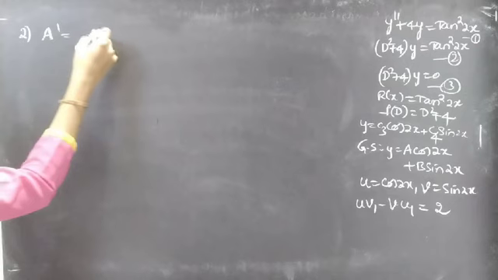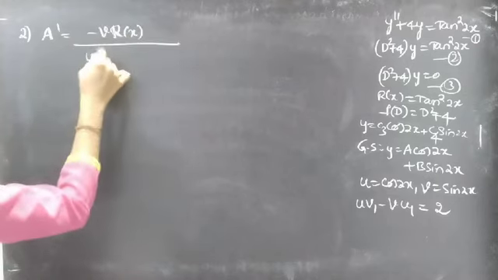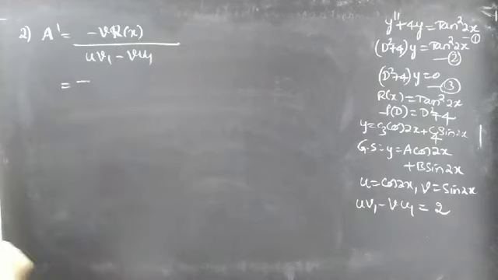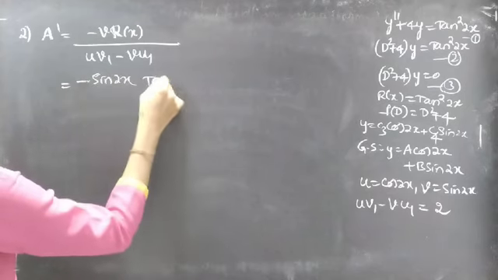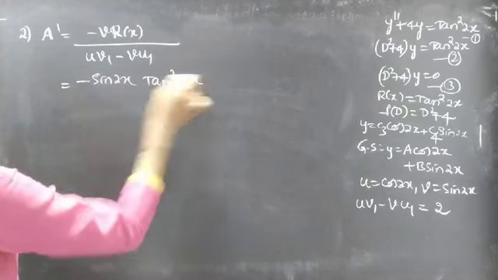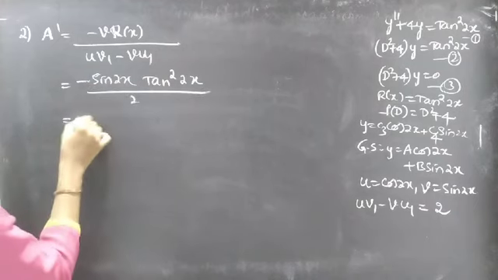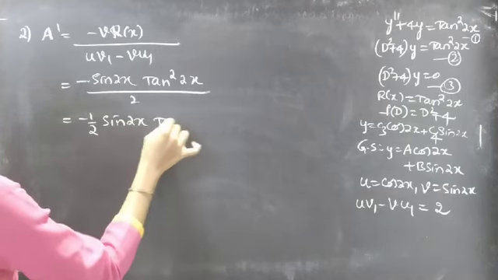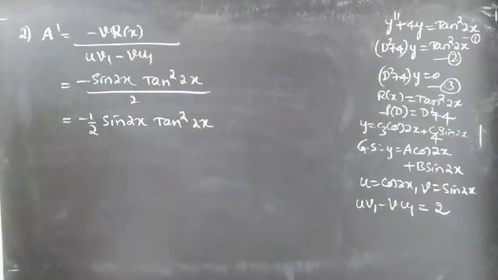A dash is given by minus v into r of x by uv1 minus vu1, which is equals to minus v, which is sine 2x, into r of x, tan square 2x, by uv1 minus vu1, which is 2, or we can write it as minus 1 by 2 into sine 2x into tan square 2x.